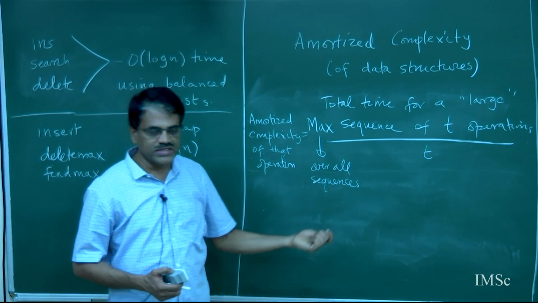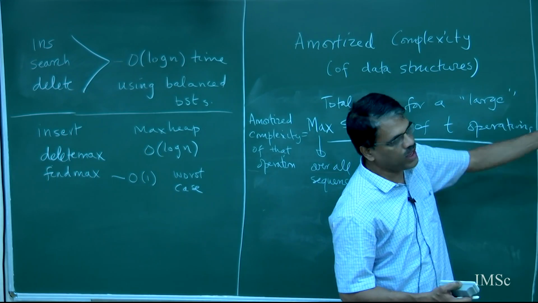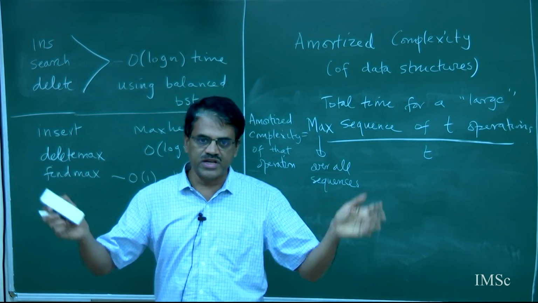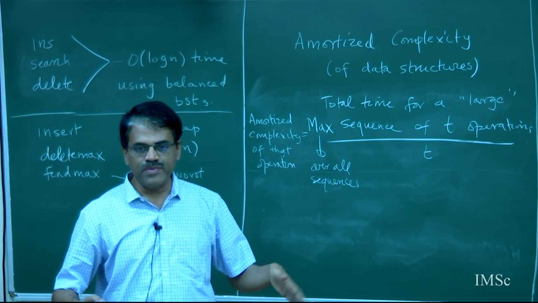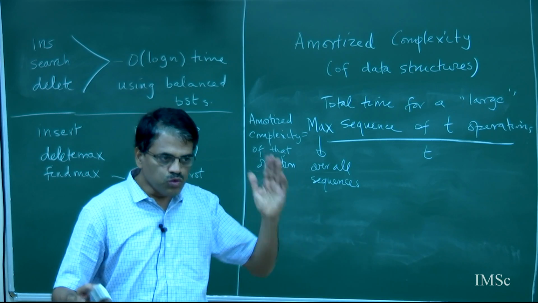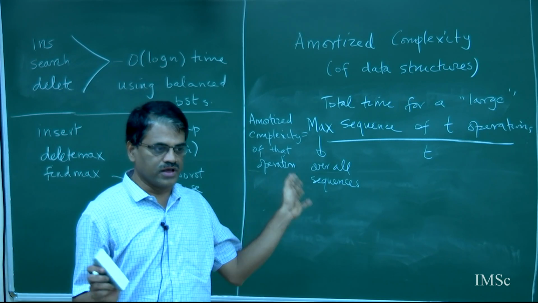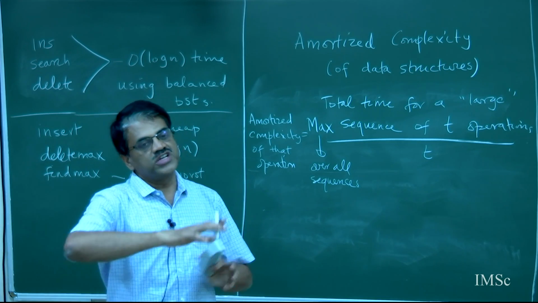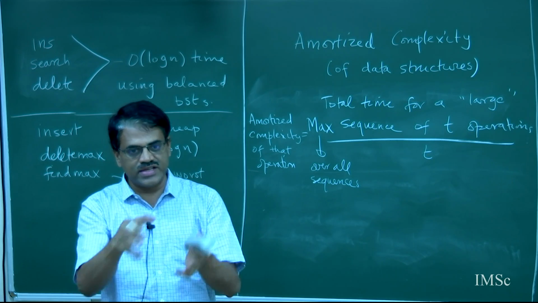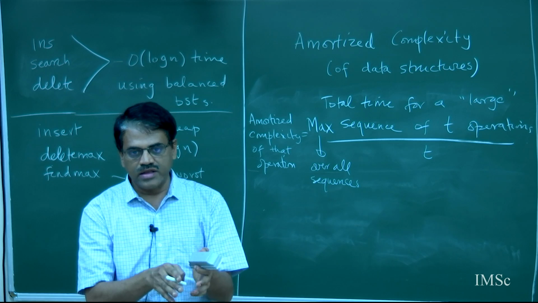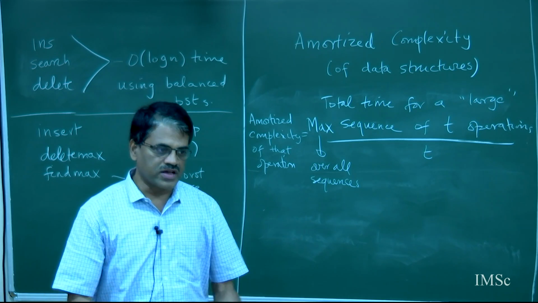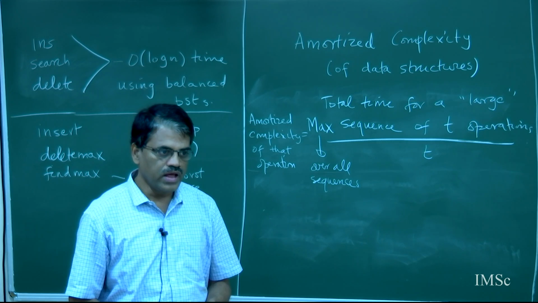If the worst case time for one operation is some log n, then the time for t operations is t log n. But this may be an overestimate, because this worst case may not happen all the time, and that's what we are trying to capture here. Some worst case may actually make the data structure nice, so that subsequent operations are faster.